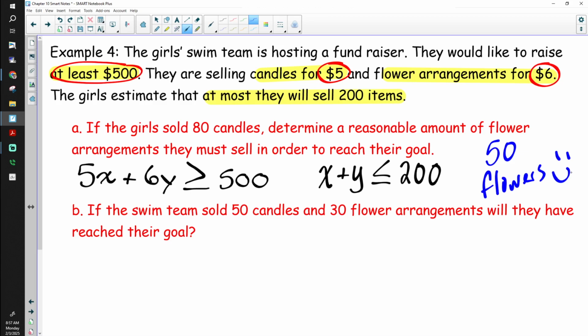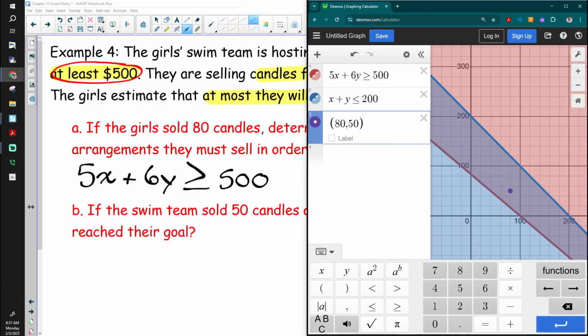Okay, let's try B. If the swim team sold 50 candles and 30 flower arrangements, will they have reached their goal? So in Desmos, what would we type in? We type in the point, 50 for candles, 30 for flower arrangements.